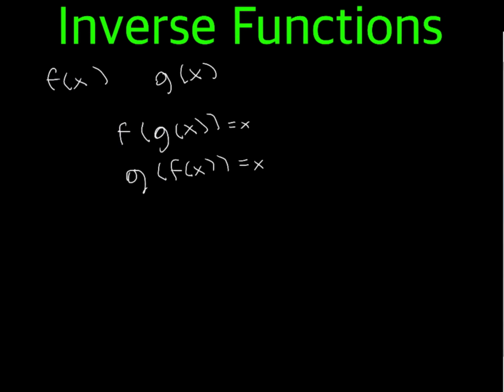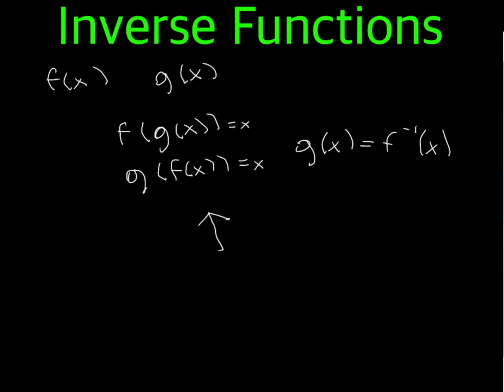And if both these are true, then g of x is the inverse of f of x. So let's break down these two statements right here. They look a bit funky, so let's think about what they're saying.